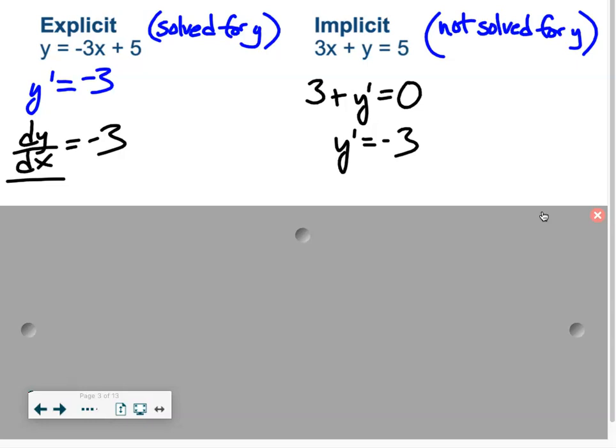But I don't have to do it with respect to how tall I am. I could do the rate of change of my weight with respect to time, right? As time goes by, how is my weight changing? My height might not change at all, but my weight sure might. I could do it with respect to my shoe size: as my feet were growing, how was my weight changing?